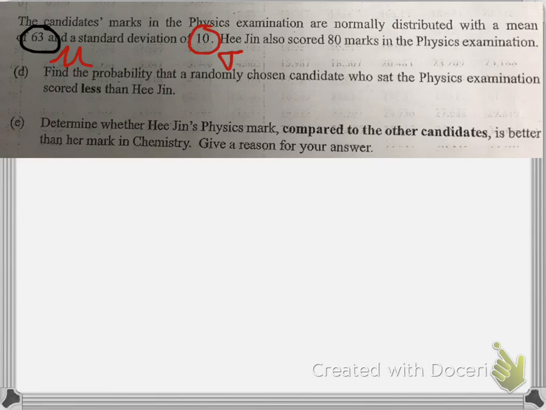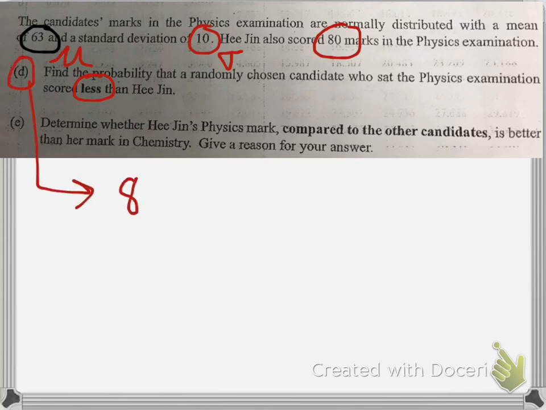So Heejin also scored 80 marks on the physics exam. Here's the word less, so we don't have to subtract from 1 after we reference the z-table. We're going to find the probability that a random student scored less than Heejin, so we want to know Heejin's z-score for this one.